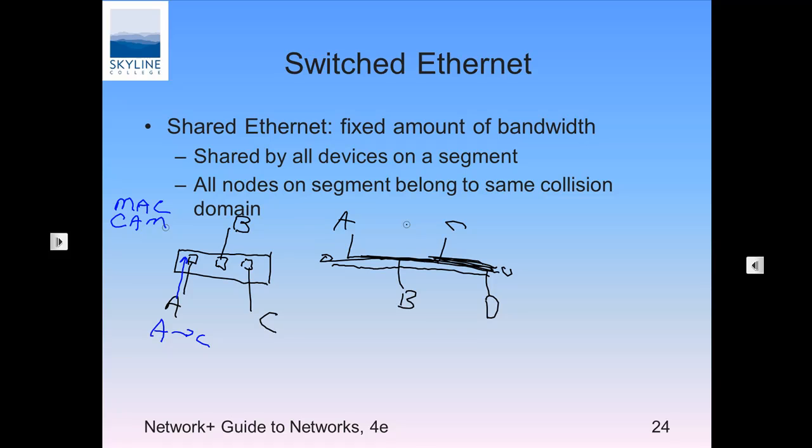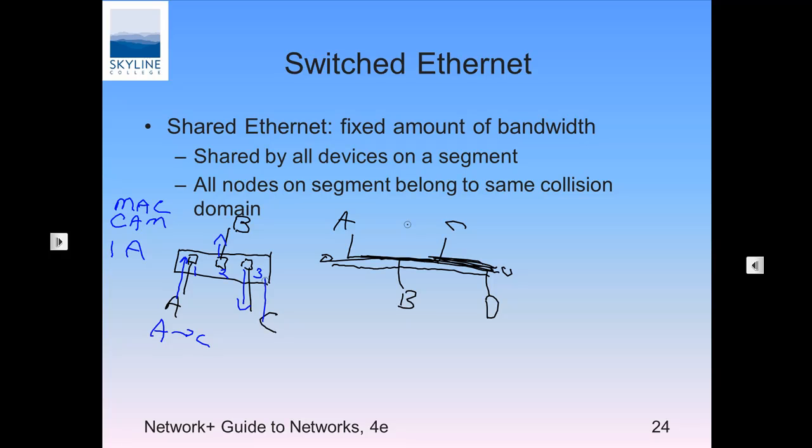So it goes up here, and we'll say this is port 1, and this is port 2, and this is port 3. When the traffic comes in, the table says port 1 has address A on it. When it gets here, it doesn't know where anything else is yet. So it floods the traffic out of all of the ports. Well, C says, hey, that's for me.